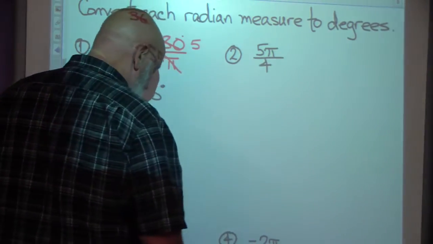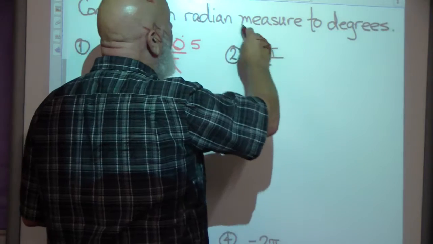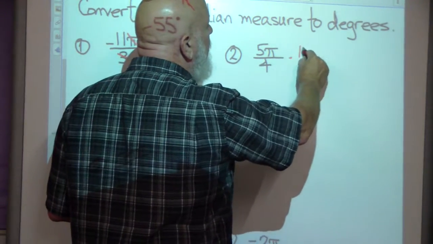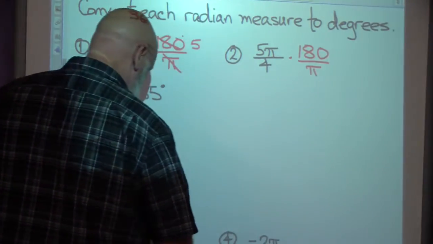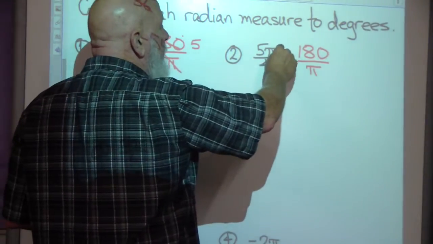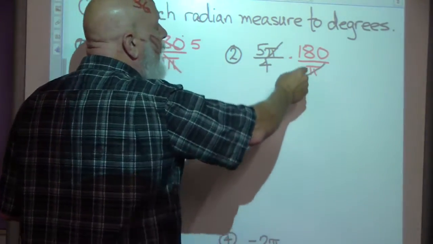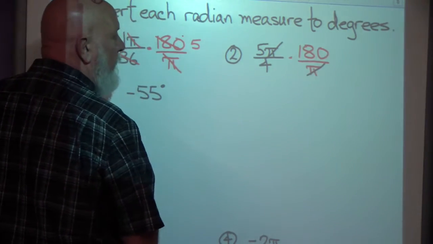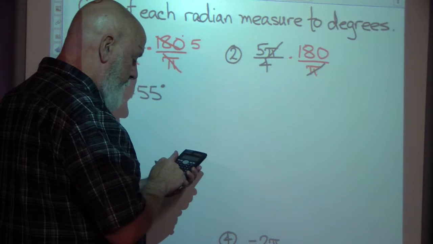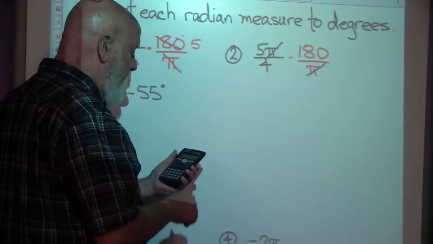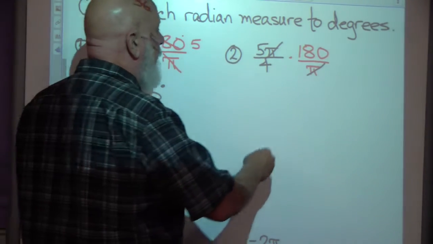Here we go. We're going to convert this from radians to degrees. 180 over pi. These will cancel. 180 divided by 4 is 45. And 5 times 45 equals 225, if I'm not mistaken.